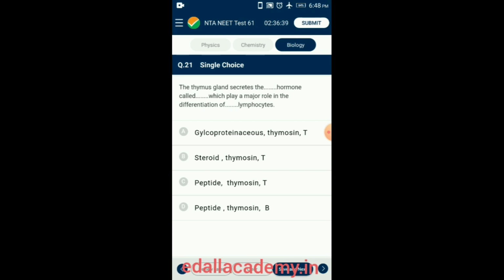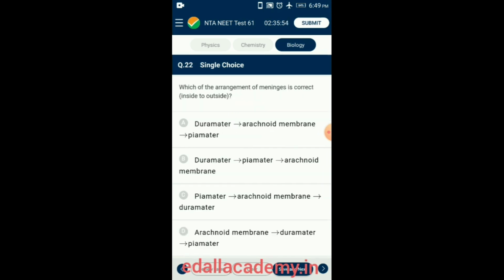Thymus is the place where the T cells get activated as they are produced in bone marrow cells. So the answer for this question is option C. The thymus gland secretes the peptide hormone called thymosin, which plays a major role in differentiation of T lymphocytes. The next question, number 22.